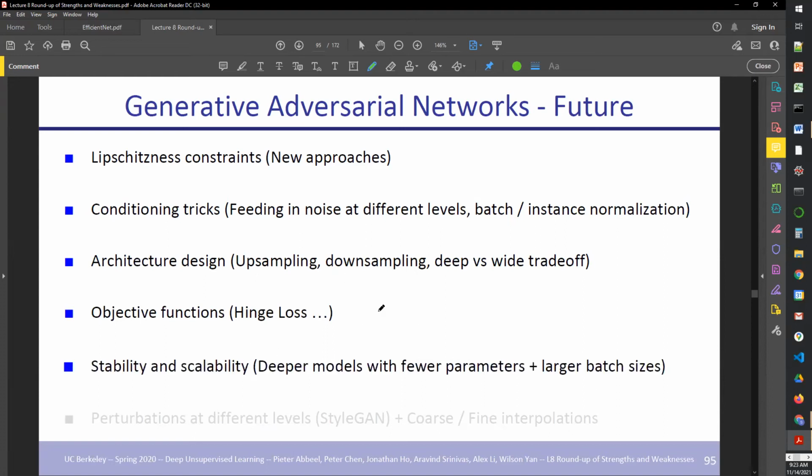Stability and scalability, meaning much deeper models, fewer parameters, larger batch sizes, and then beginning to introduce the perturbations. Again, one of the things that StyleGAN did was get rid of instance norm and then provide some noise. So it's the balance between, or the improvements in coarse and fine interpolations in this space.